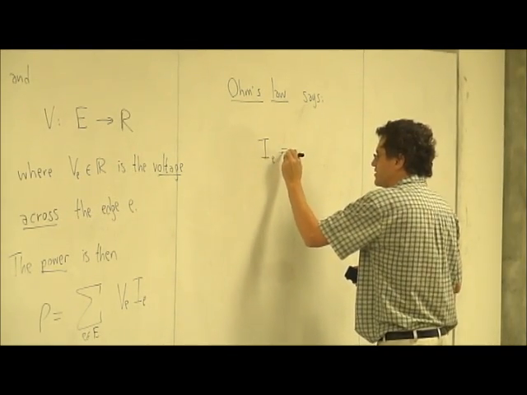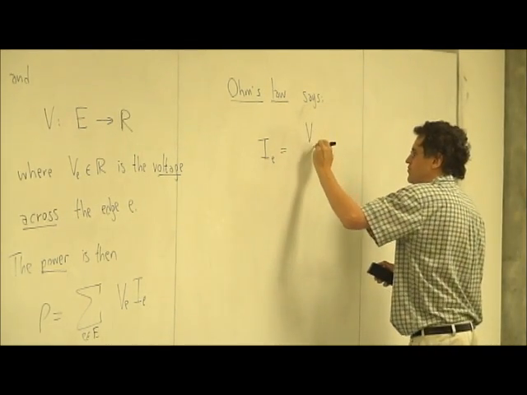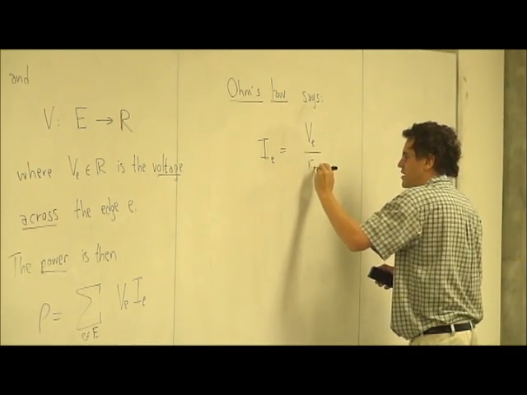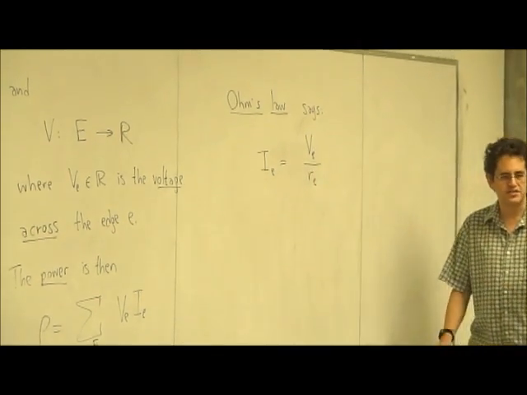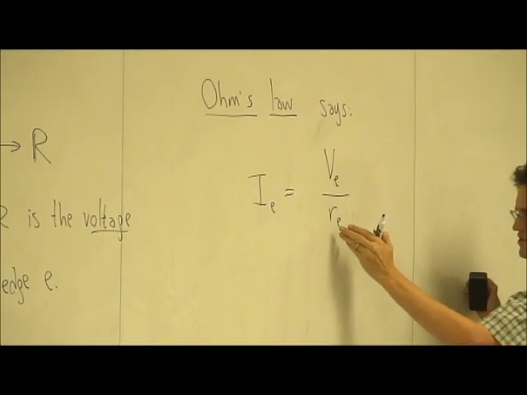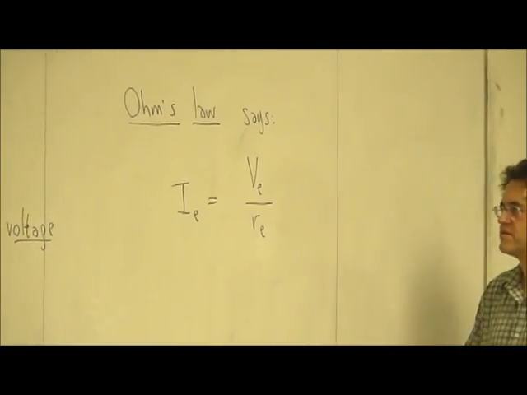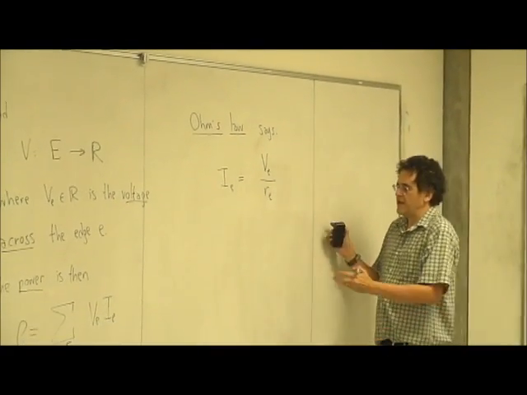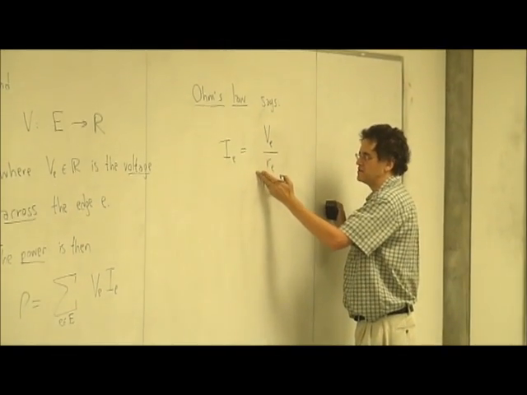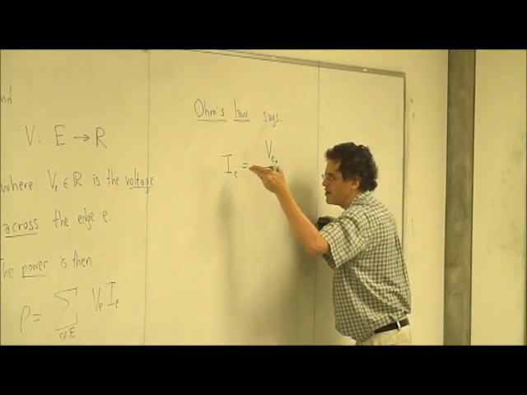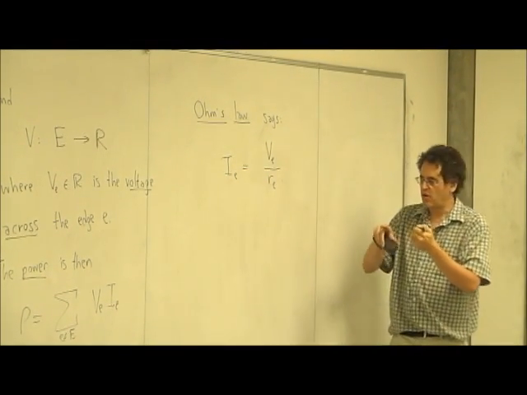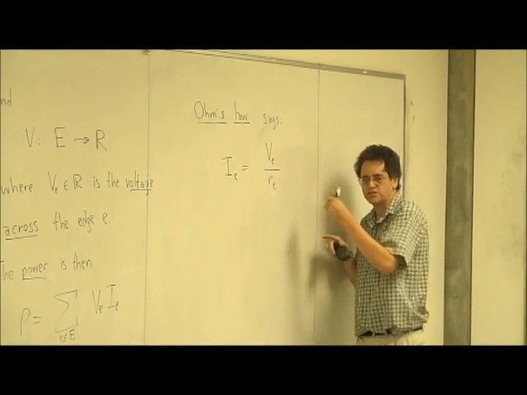Let me think of it this way, that the current is the voltage divided by the resistance. Remember, each edge has a number attached to it in the very definition of a circuit made of resistors. It's resistance. And so this is a law that says if you want to know how much current is flowing down the wire, it'll be proportional to the voltage across that wire.